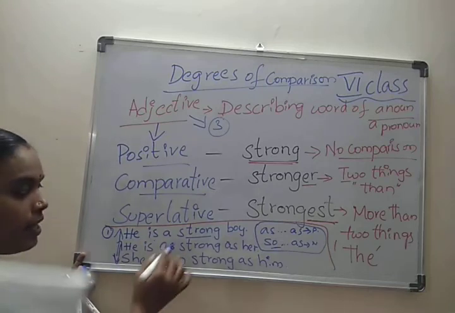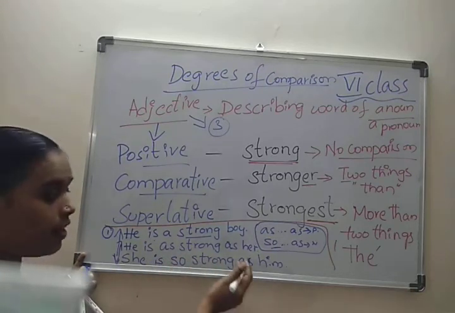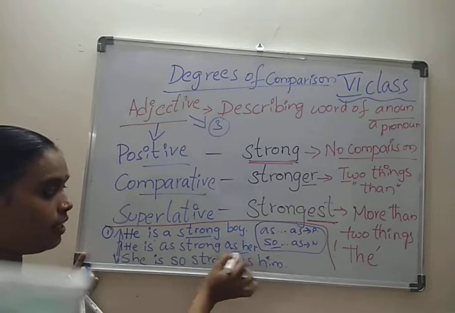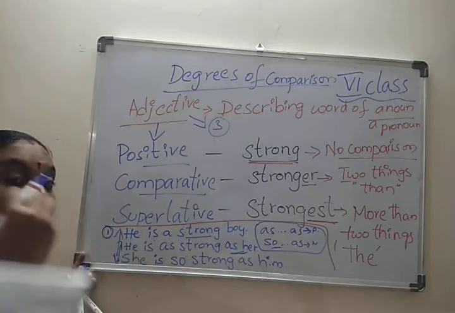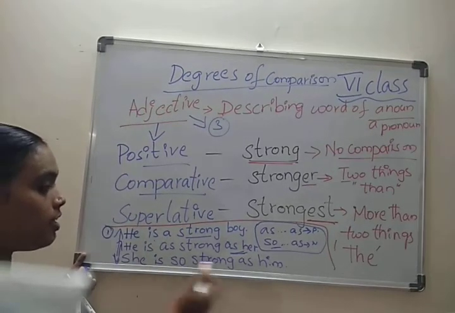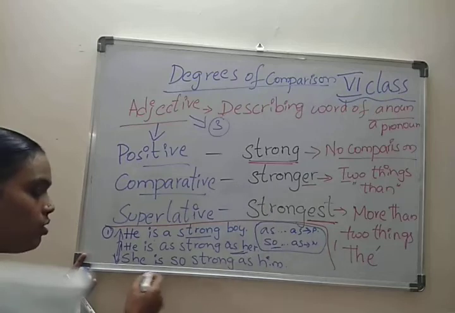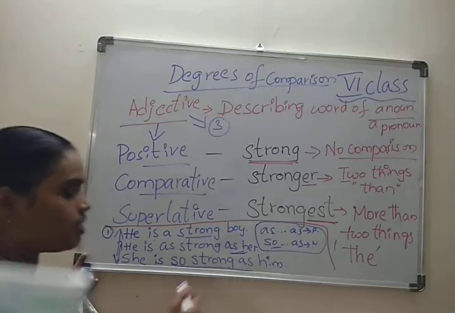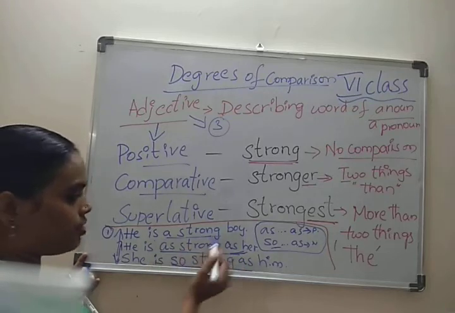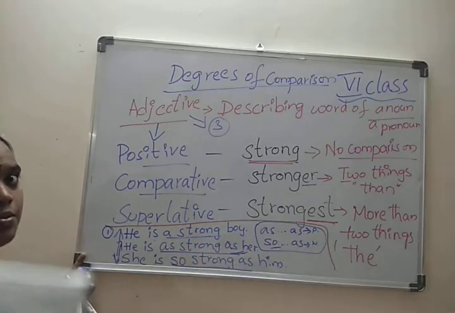If we take comparison with others, that is also the same quality, no more than that about strength and everything. And we are writing it in another way also: so strong as, strong as, and strong. This is about positive.